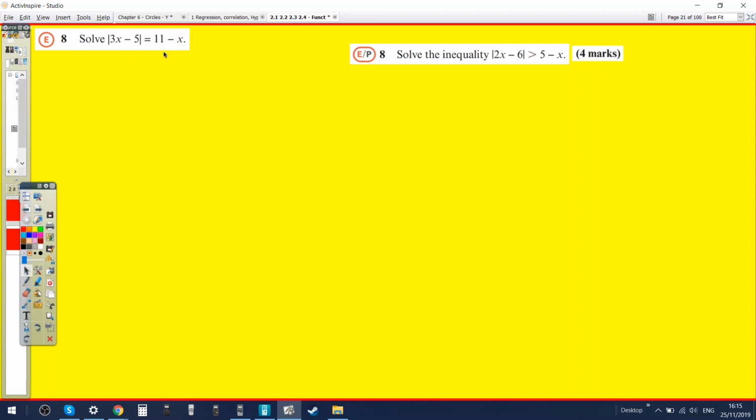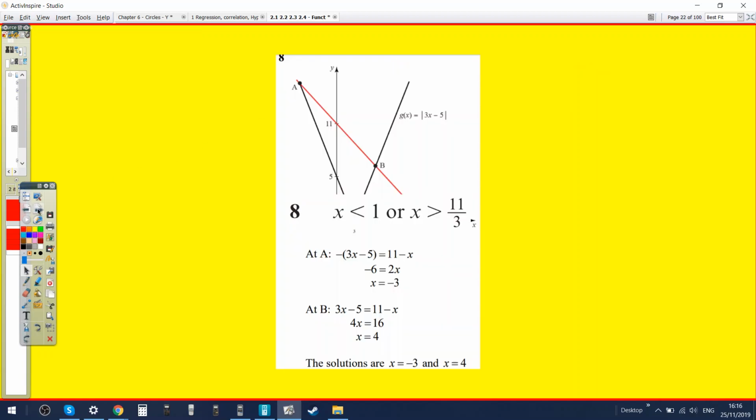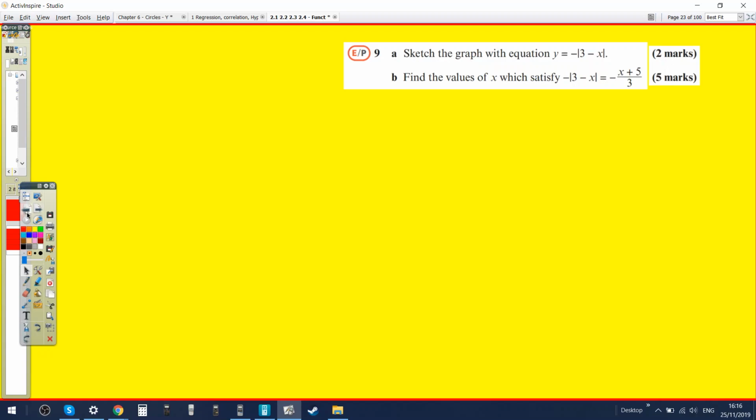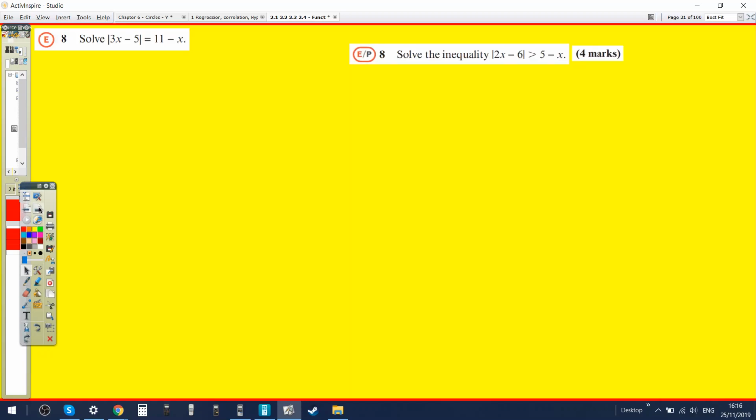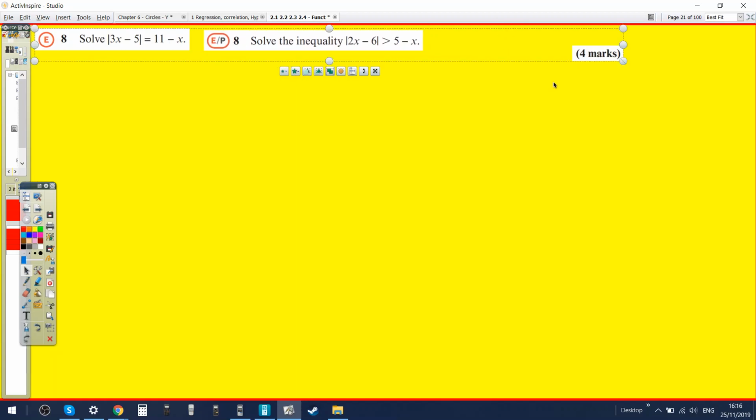8 on the left, I'm confident in. Let me just take a look at what else we've got. Okay, let's just try 8 on the right, the inequality one.